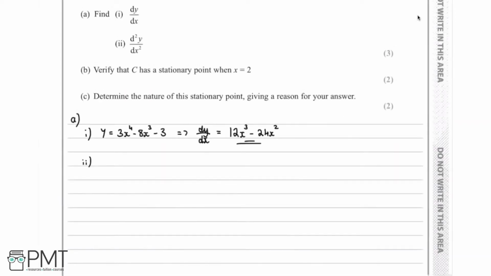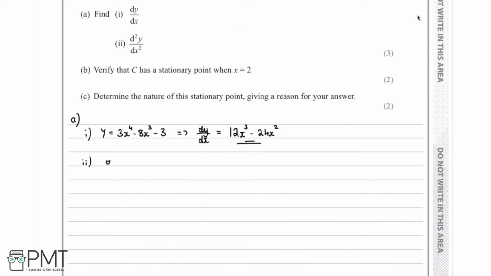Now for question A, part 2, we now need to find the second derivative of y. So we know to do this, we'll take our new derivative, dy by dx, and then differentiate it once again.